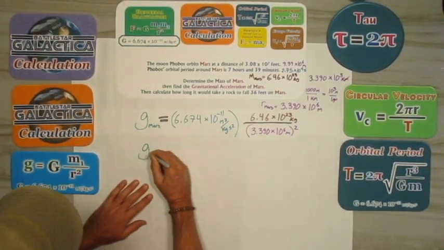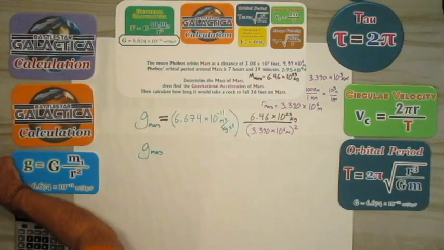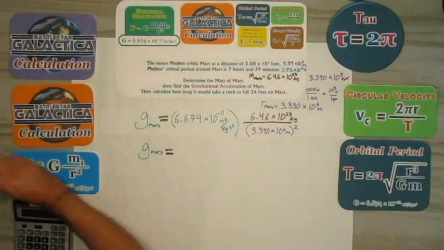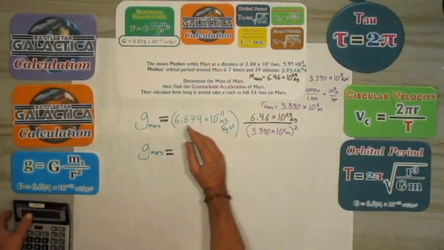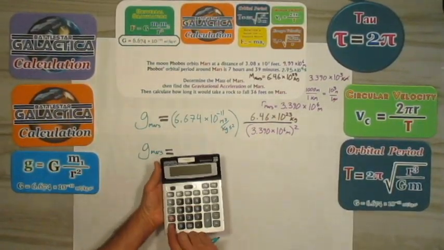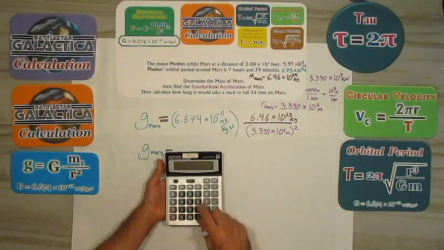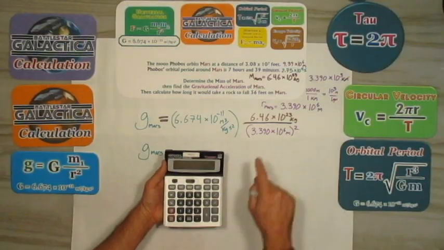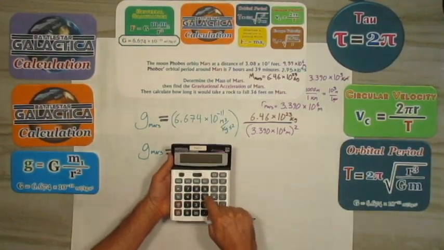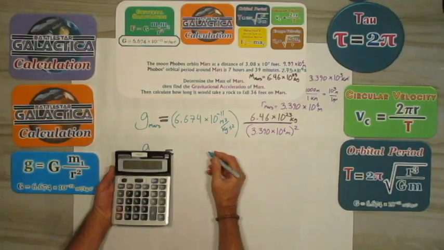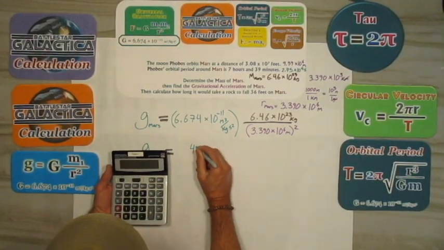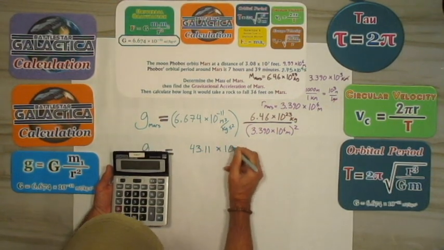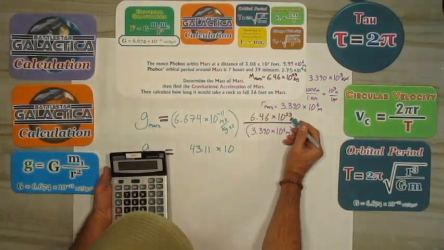So the little g of Mars is equal to... I'm going to multiply these two. So obviously 6 times 6 is 36. I expect something more than 40 in that range. 6.674 times 6.46 equals 43.11. Okay, this will be my numerator, times 10 to the negative 11 times 10 to the 23rd.